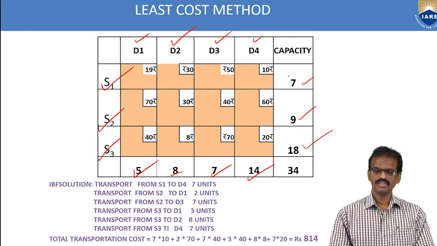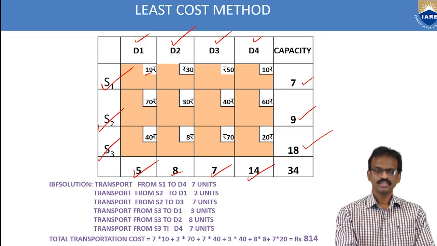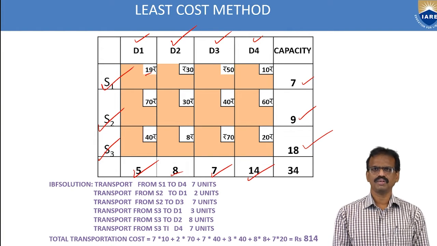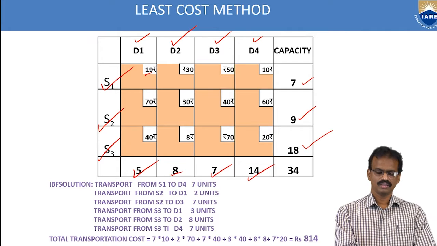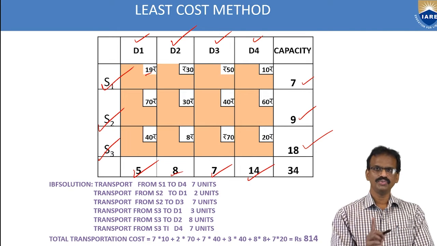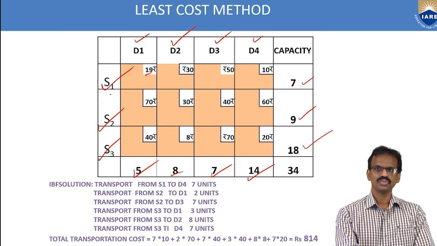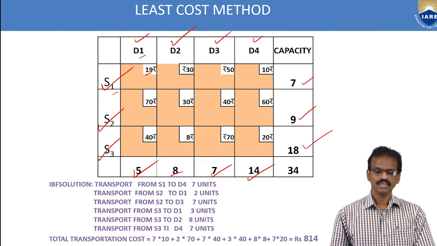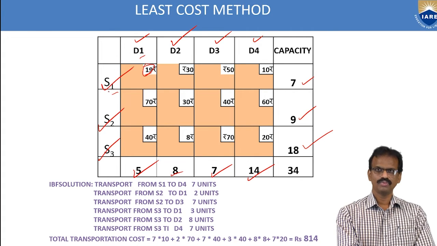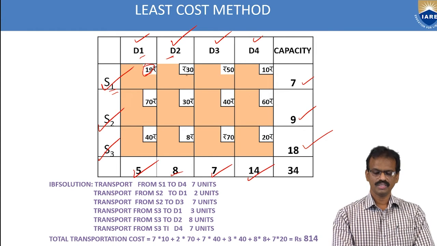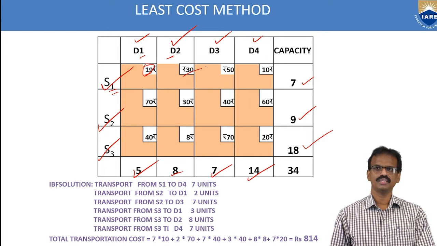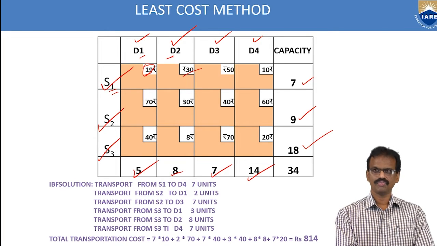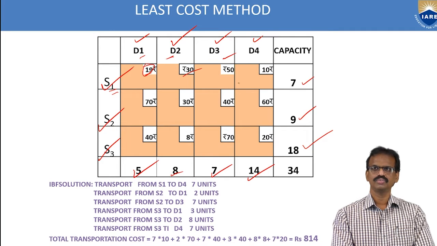So we know the supplies and the demands. The shipping cost is also given here. Shipping cost means the transport of one unit from source S1 to destination D1 takes 19 rupees. Transporting one unit from S1 to D2 costs 30 rupees. Similarly, from S1 to D3 it takes 50 rupees.